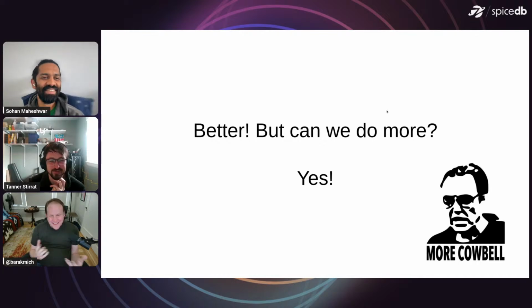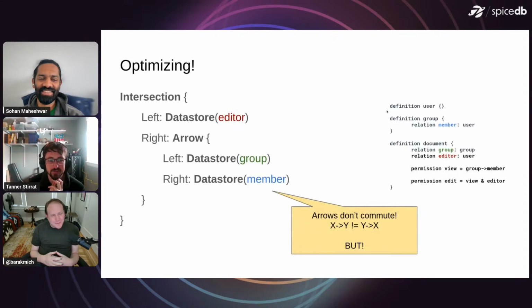So there's another example we're going to talk about today, which is arrows. Arrows don't commute, right? I can't just flip those two because it has meaning. It has a direction. Barak, sorry to interrupt you, but can you tell the audience what an arrow does in the case of SpiceDB? So the arrow is taking a relationship from the document to the group, and then following that group to its members.